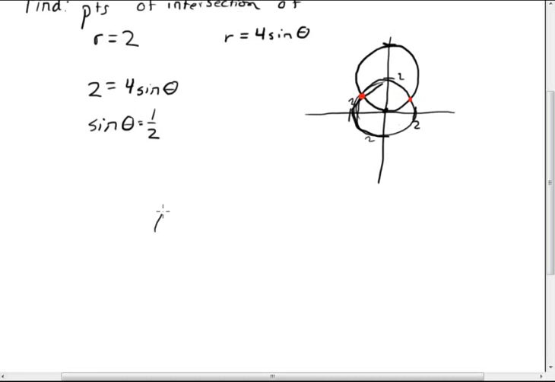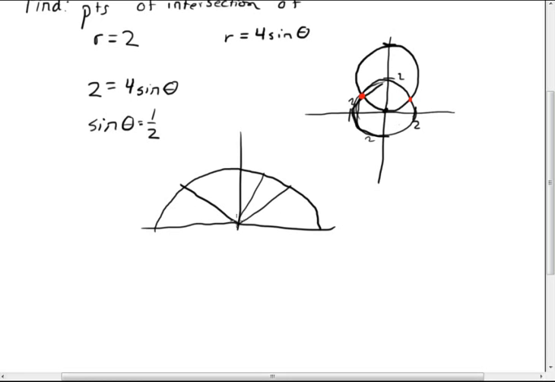I'm just going to draw the top half of the unit circle. You have, of course, your 45-degree angle lines, 60s, and 30s. Hang on, there, 30s.